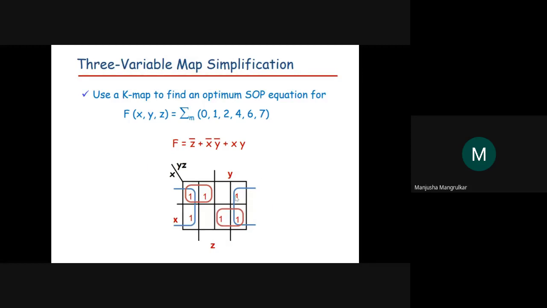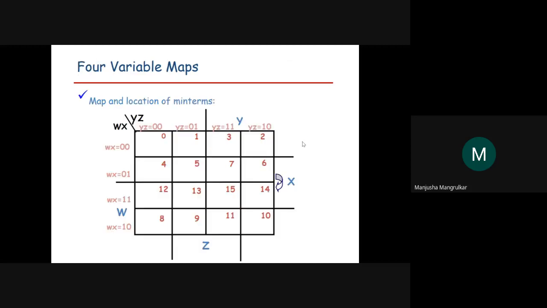Maximum possible grouping. How can I do the grouping for 4 ones? How can I do grouping for 2 ones? How can I do grouping for 8 ones? When you are doing a maximum grouping, it will minimize your circuit, right?